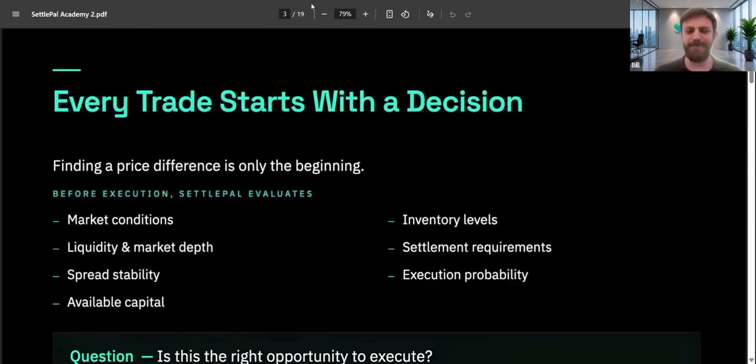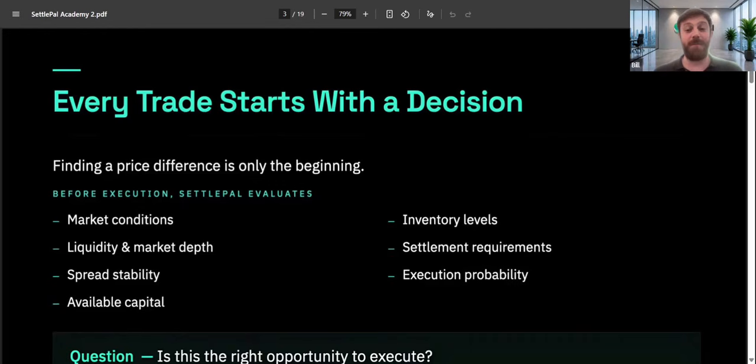Okay, so let's begin with what actually happens before SettlePal executes a trade in the first place. Finding a price difference is only the beginning. Just because the platform identifies a potential arbitrage opportunity, it does not mean that the opportunity is automatically approved. Before capital is committed, the platform has to answer one very important question. Is this the right opportunity to execute?